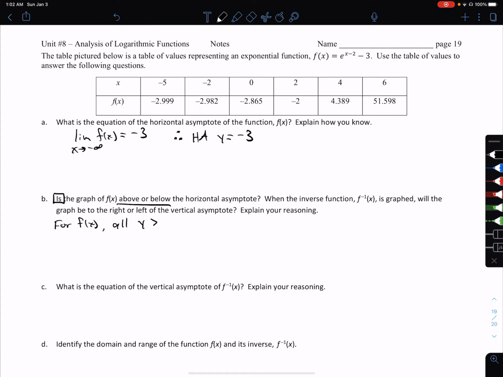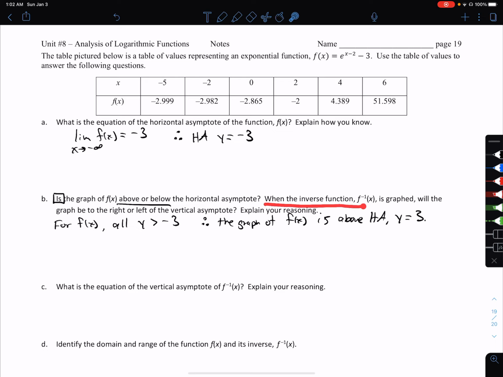All the y values are greater than -3. Conclusion we can draw from that, the graph of f of x is above the horizontal asymptote. And that horizontal asymptote is y equals -3.